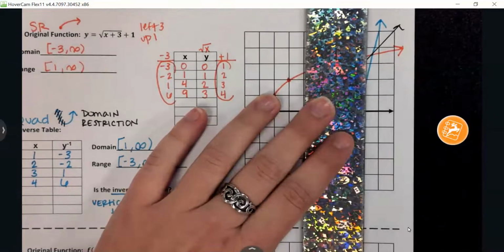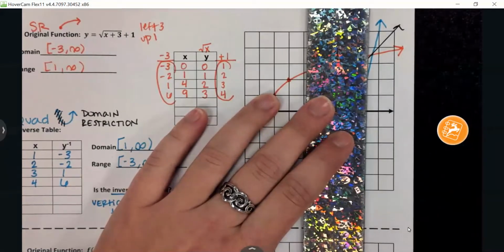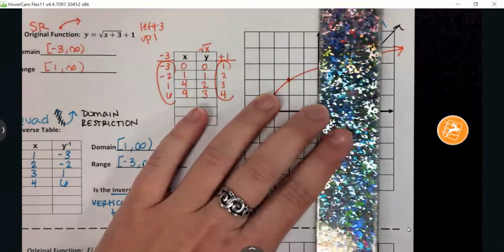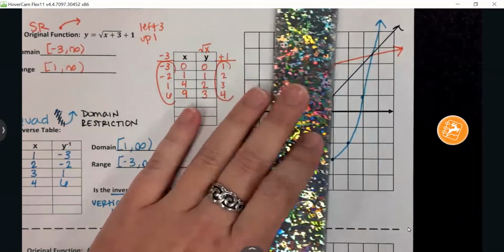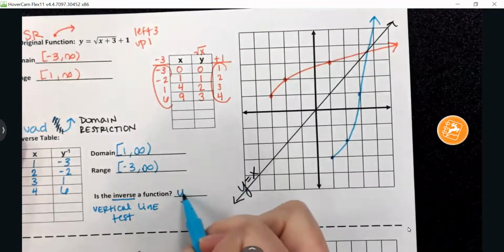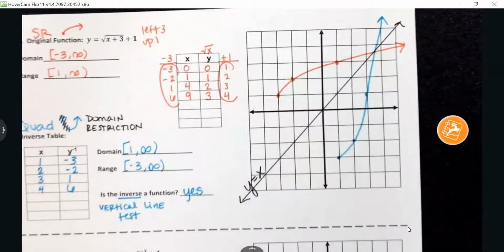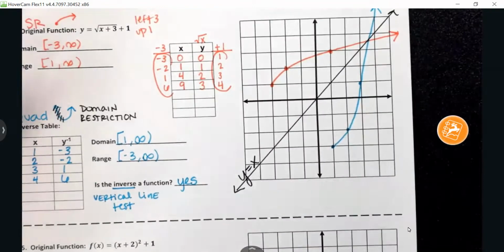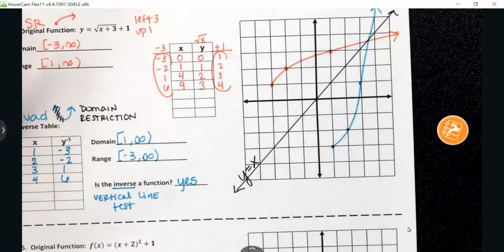Once. What if I move it here? How many times does it touch it? Once. So if I move my line anywhere and it only touches it once, the answer is yes, it is a function. If you touch it more than once, the answer is no.